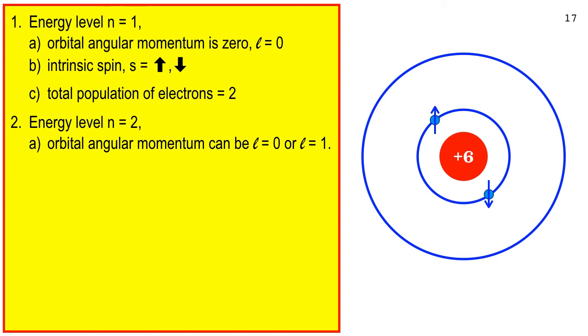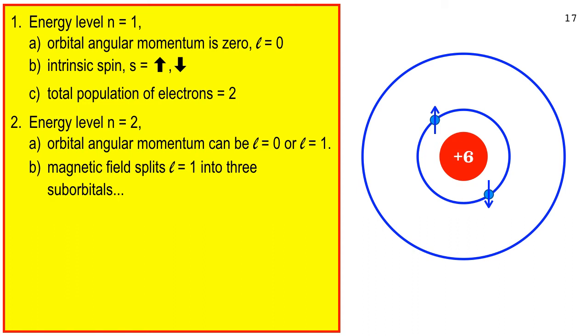And this is actually in units of Planck's constant, h. So L equals 0 means no angular momentum. L equals 1 means actually a unit of h. In fact, for electrons, it's h over 2.